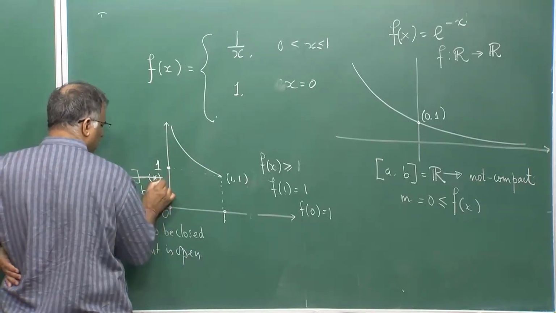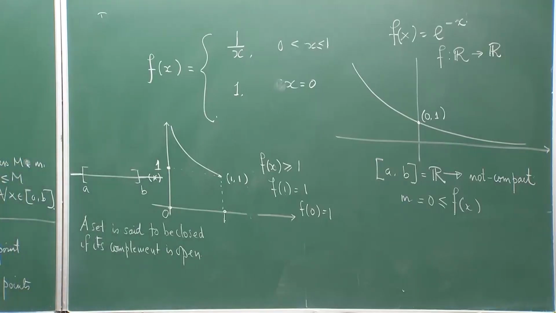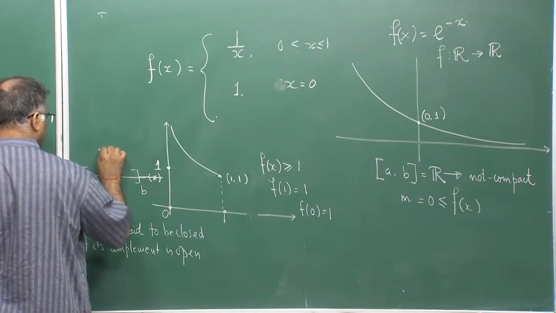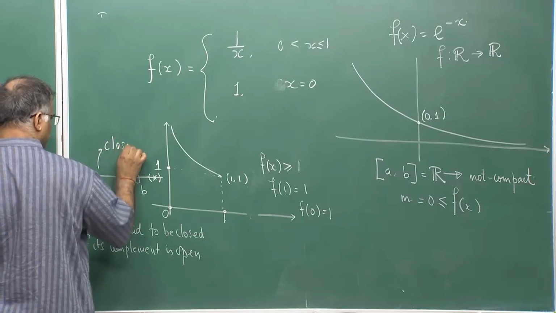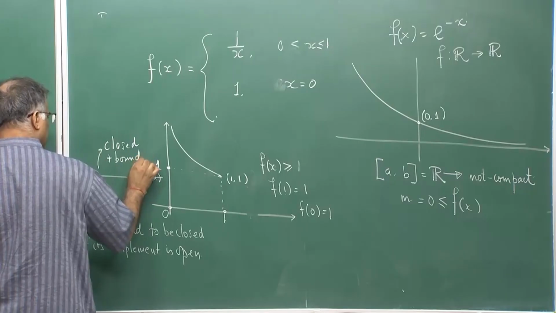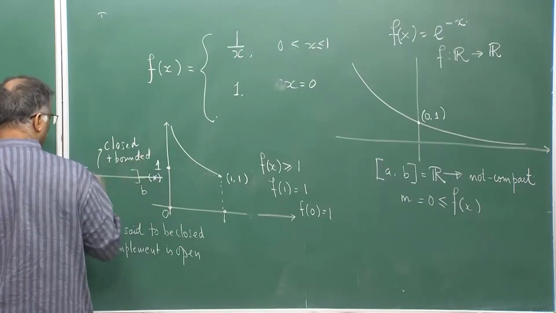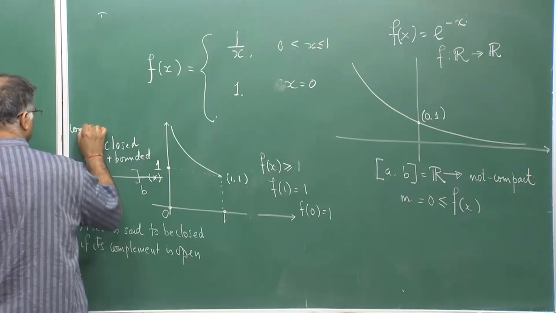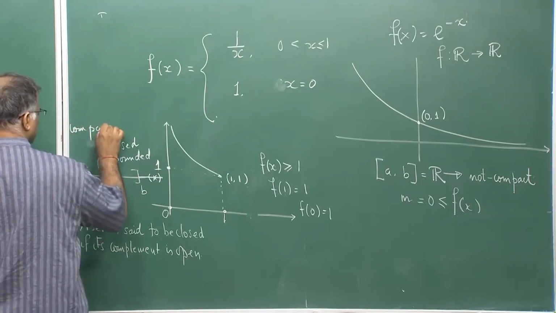You see you can have a small neighborhood around that point which lies in the complement. So, the complement of this set is open. So, this set is closed, and plus it is also bounded, and hence this is a closed bounded set. So, a closed interval is a compact set.